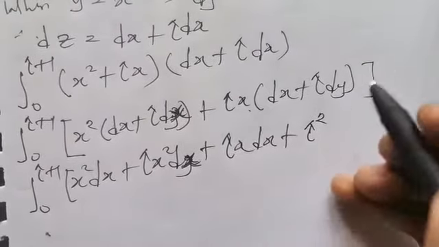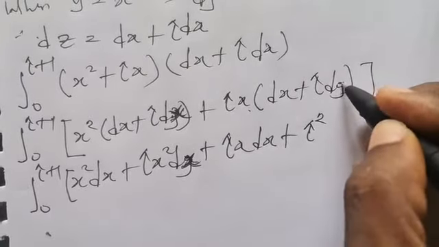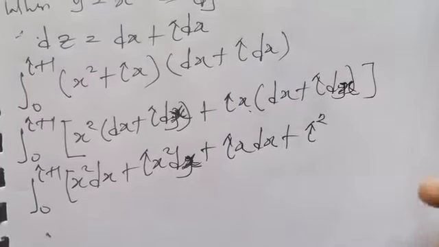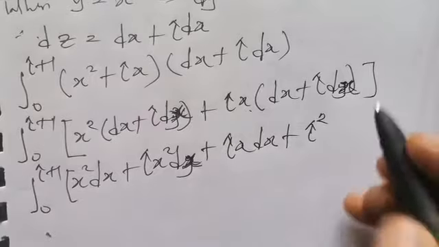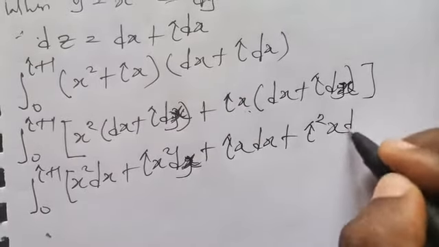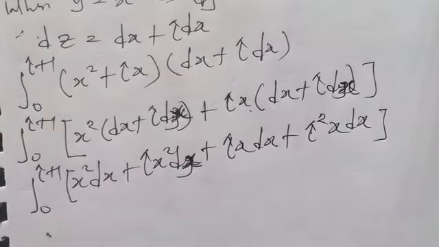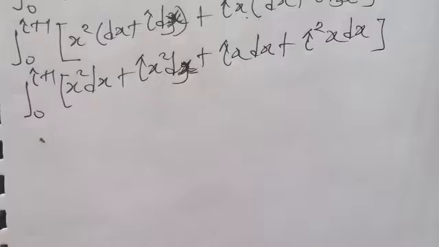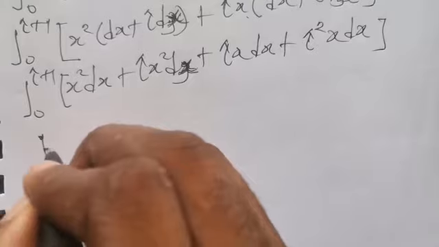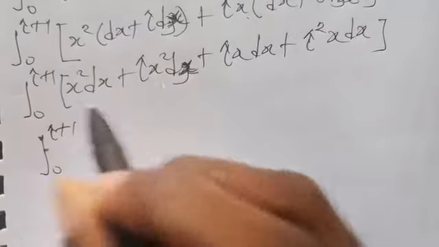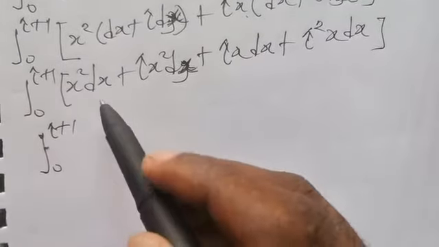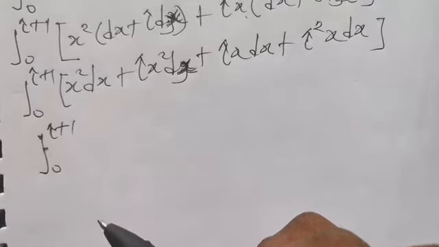Okay, x times dx, sorry guys, this is dx please and not dy. So x times dx simply gives us x dx. All right, so we simply have this. Okay, so the integral from 0 to i plus 1. So we have x squared dx. Let's see if we can collect like terms.